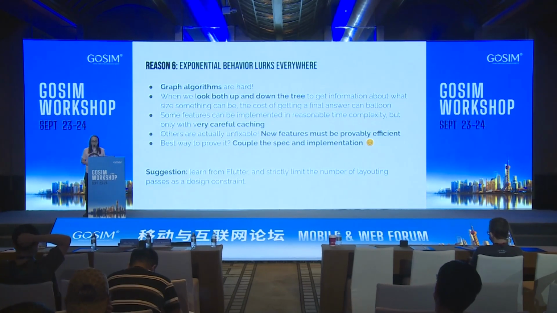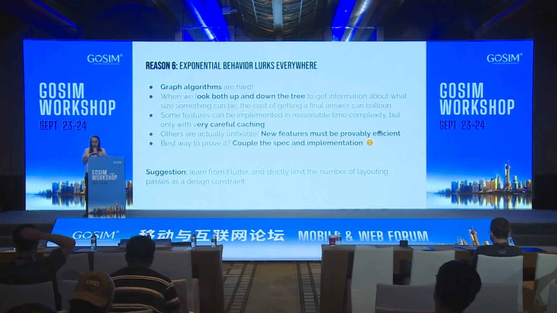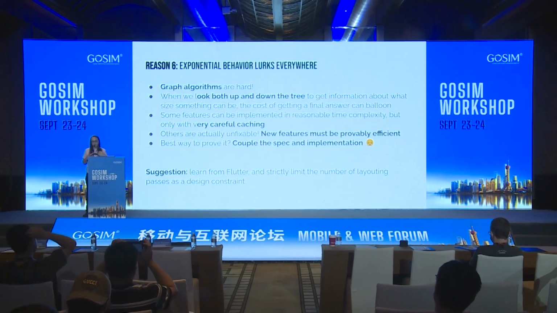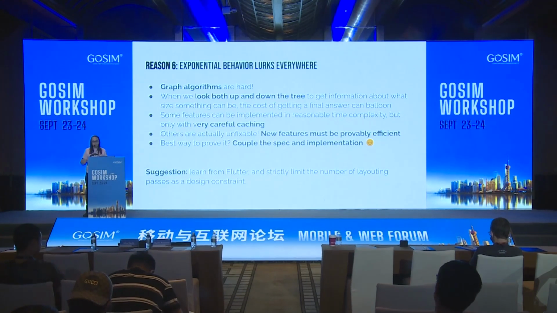And so if you want to propose an extension, propose a new feature, but if you screw it up, then you'll get exponential behavior. It really changes how you design algorithms and how you design features for this, because in order to say, yes, we're going to do this, it has to be provably efficient. It has to be provably non-exponential.